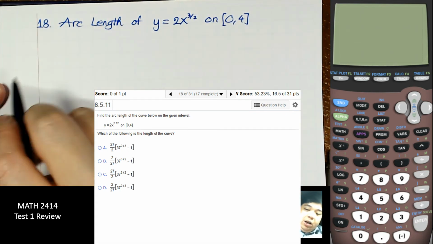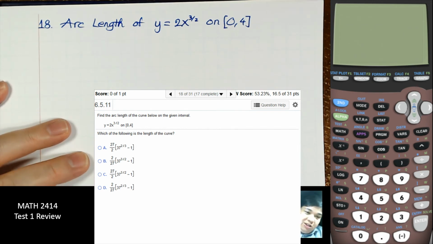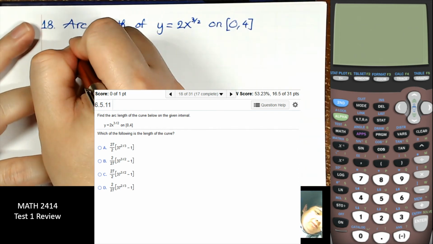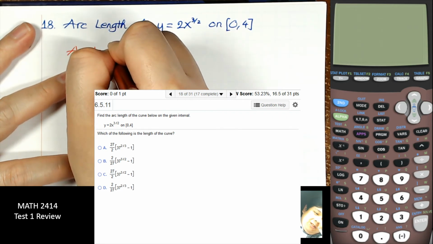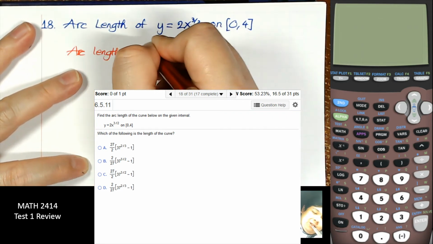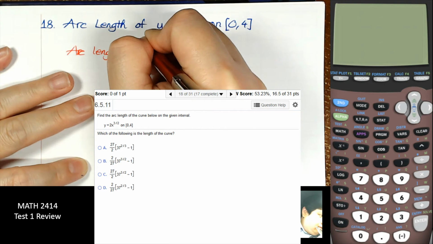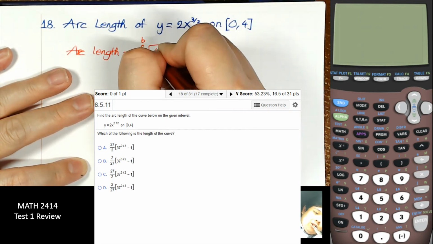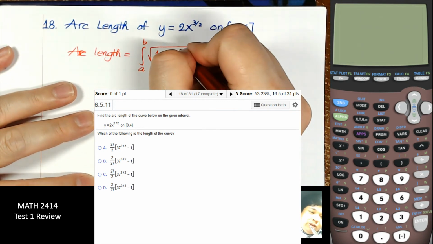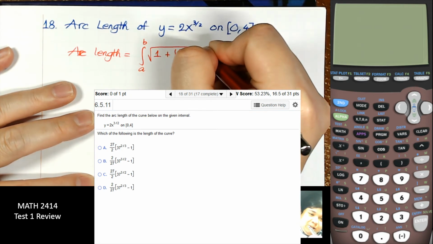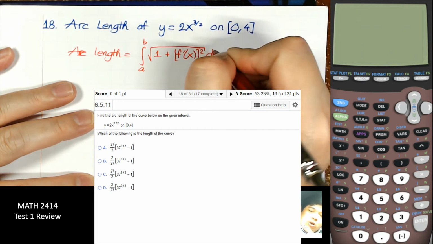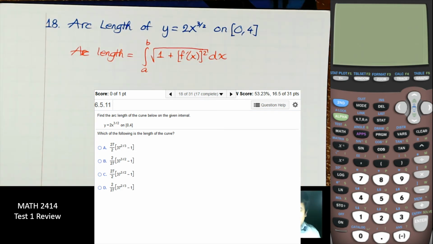Right. So the arc length is the square root of 1 plus the derivative squared. It could be dx, could be dy, but if we use x, it will be dx.